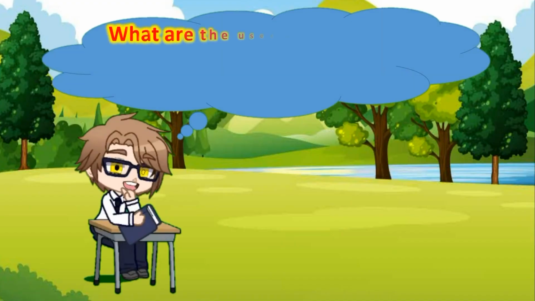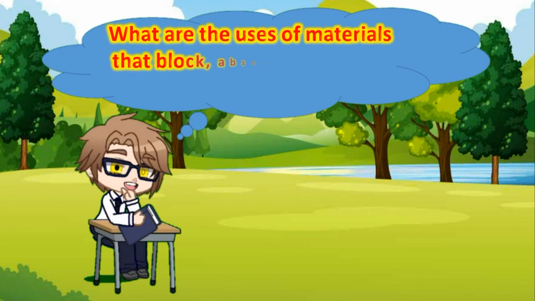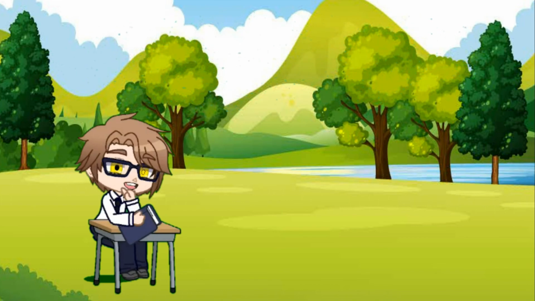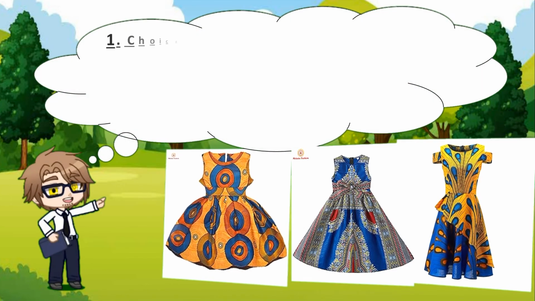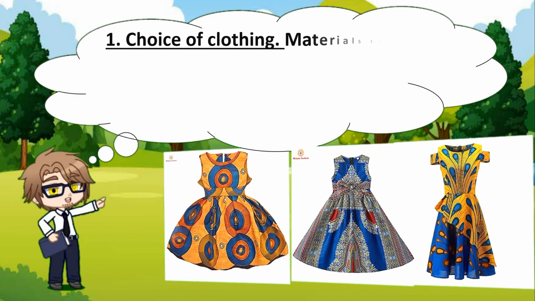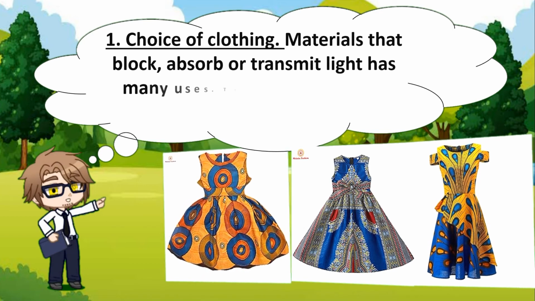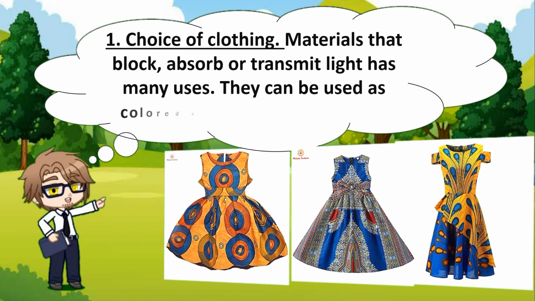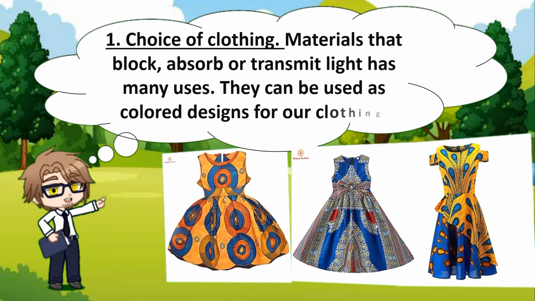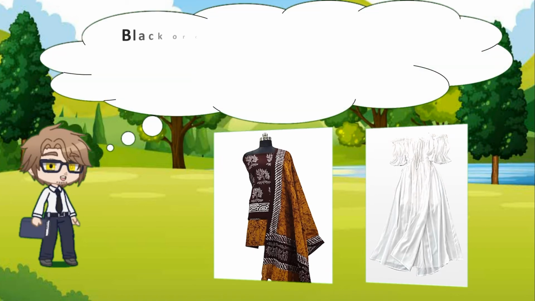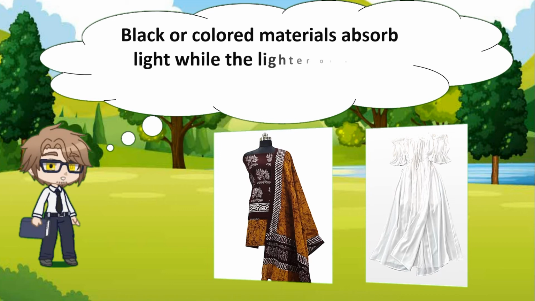What are the uses of materials that block, absorb, or transmit light? 1. Choice of clothing. Materials that block, absorb, or transmit light have many uses. They can be used as colored designs for our clothing. Black or colored materials absorb light, while the lighter or white materials reflect light.